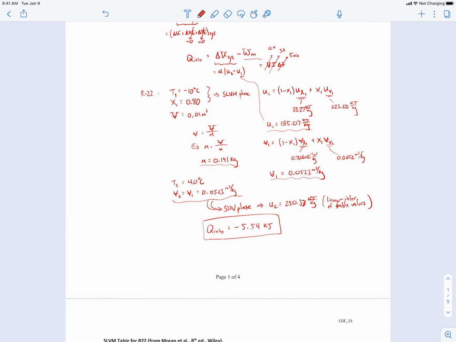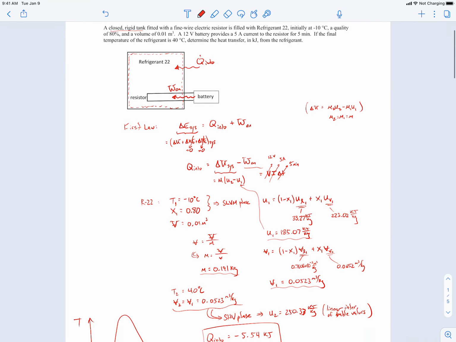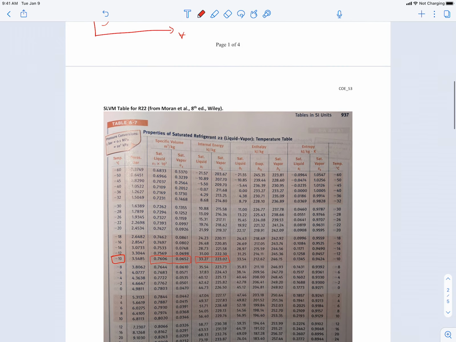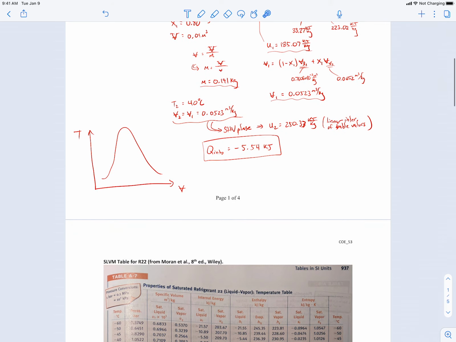One last thing I'm going to do is sketch this process on a T-v diagram. So here's our vapor dome, and we're dealing with an initial pressure that wasn't given, but we could find it. Since it's in a saturated liquid-vapor mixture phase, the initial pressure is right here. It's the saturation pressure at minus 10 degrees C, which is 3.55 bar.